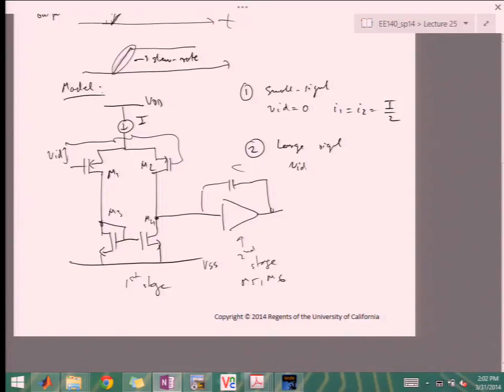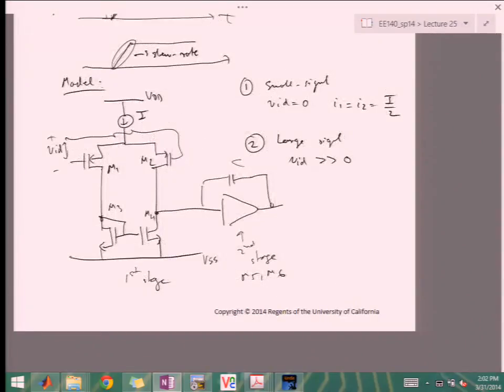But in large signal, if VID is very large, much bigger than 0, what we have, for example, is that in this case, if this is plus minus, M2 will turn off. So this one will be off. Then all this current I flows this way and gets mirrored in here as I. Then it doesn't really matter what VID is anymore.